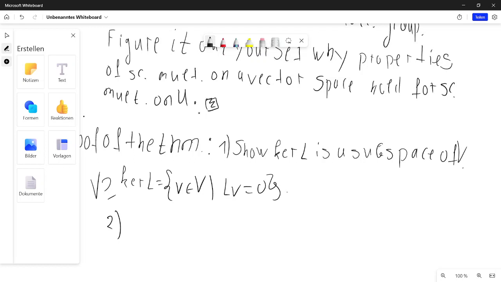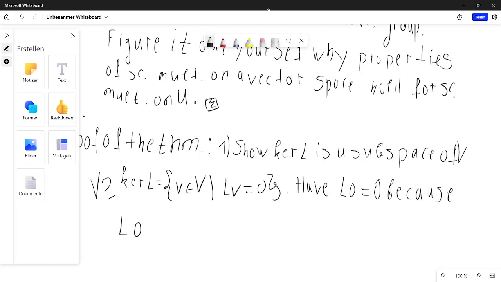Secondly, no, that's not secondly, that's the same point. We have L(0) equals 0, and if L(0) is equal to 0, then by this property that means that 0 is in the kernel of L. Because, of course, we can't just claim that. But that is very similar to what we already did.